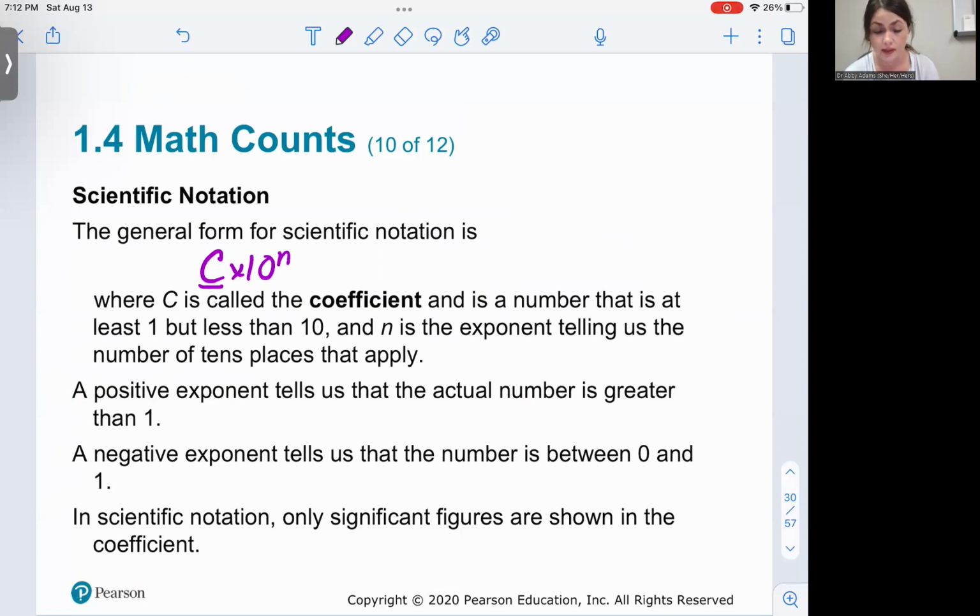N is the exponent telling us the number of tens places that apply, okay? So a positive exponent tells us that the number is greater than 1. So if you have, for example, 1 times 10 to the 2, this exponent is positive, because this 2 is positive. And so that tells you the number of tens places that apply. Basically, you'll see this is 10 times 10.